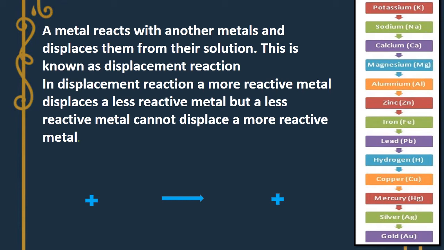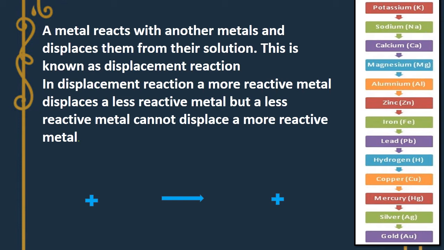Metal reacts with other metals and displaces them from their solution. This is known as displacement reaction. So this gives you the definition of displacement reaction. In displacement reaction, a more reactive metal displaces the less reactive metal. But a less reactive metal cannot displace a more reactive metal.